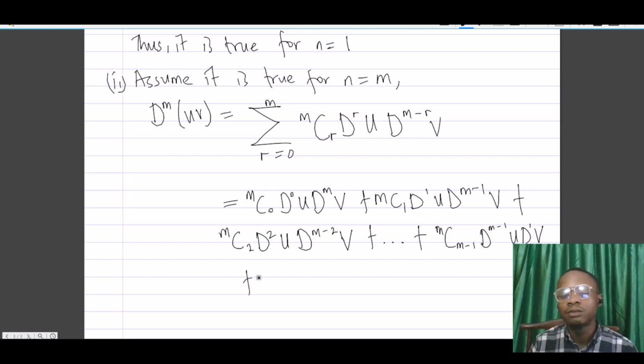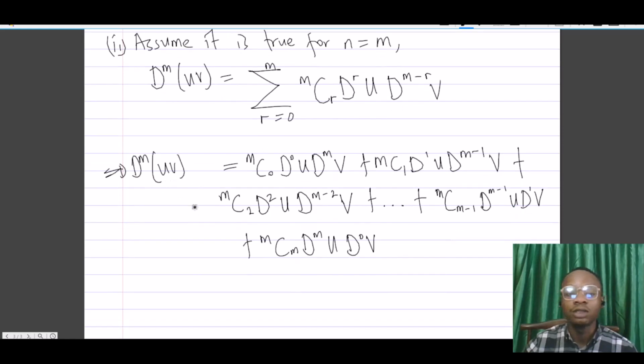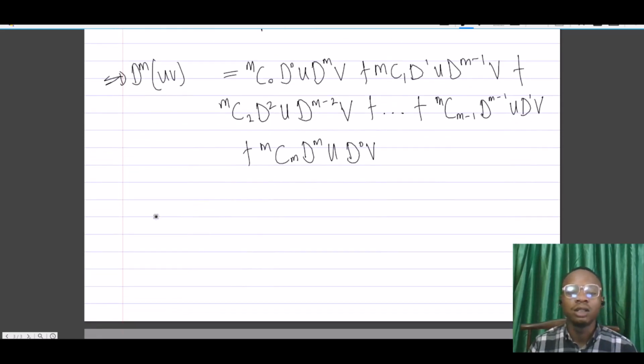Then the last term will be when we have m combination m, then dm of u, then d naught of v. So basically this is what this summation is saying, so we just expanded it out here. All right, so if it is true for n equal to m, then this is going to be true. It means that the mth derivative of uv will be given by this expression. So that's all we need to do for the second step.